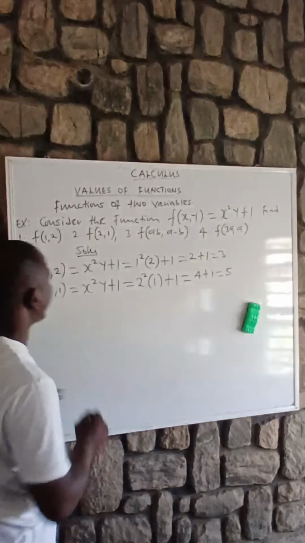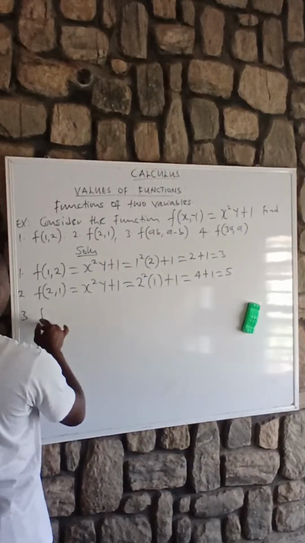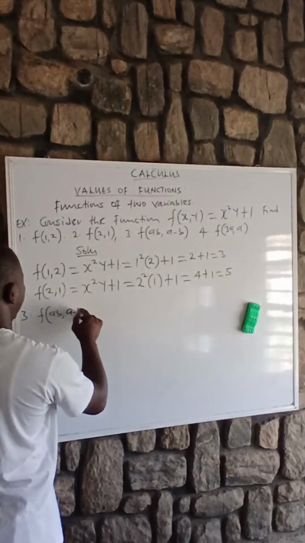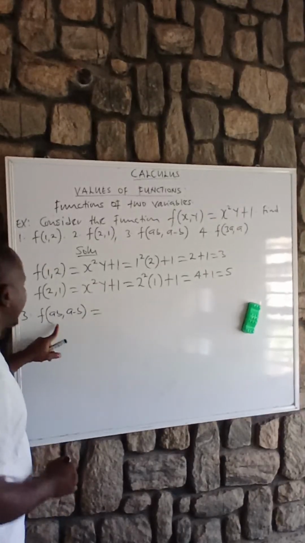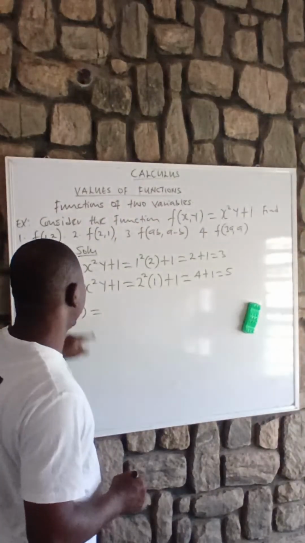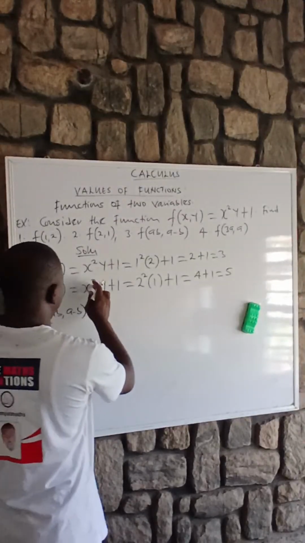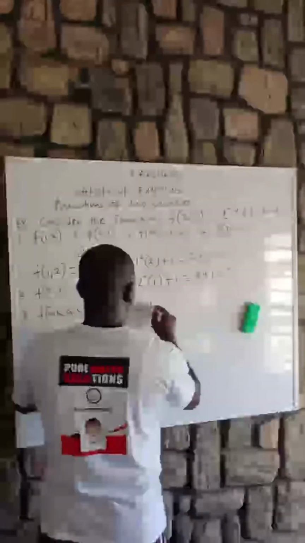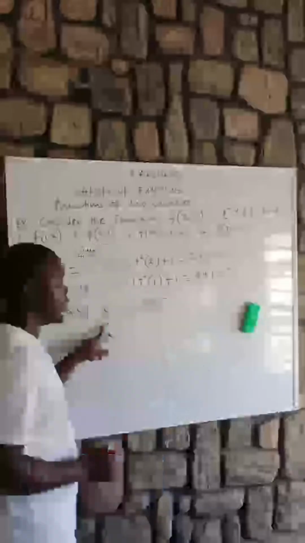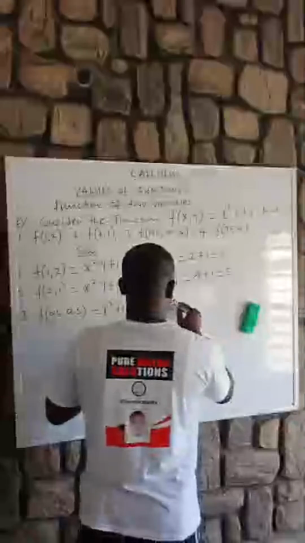Then 3. 3 is f of ab comma a minus b. This implies that our x here is ab, and our y here is a minus b. So x here is squared, y is a minus b, plus 1.